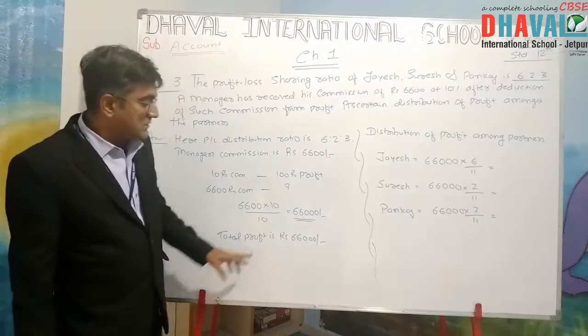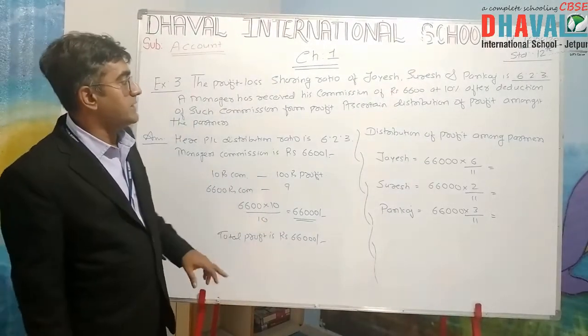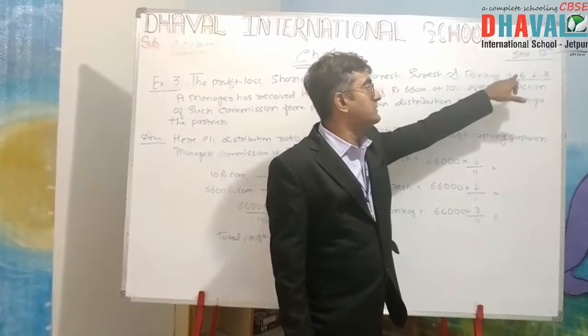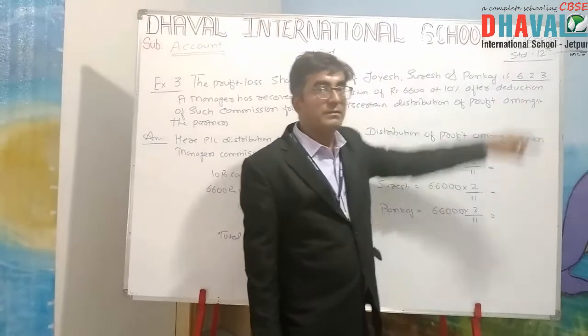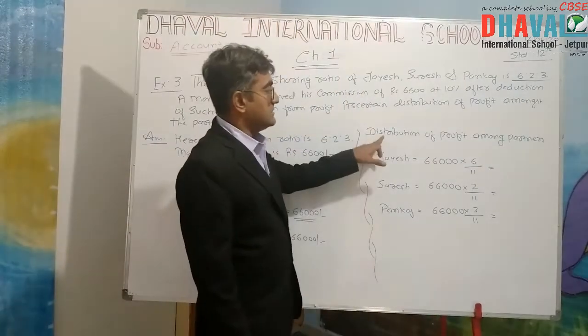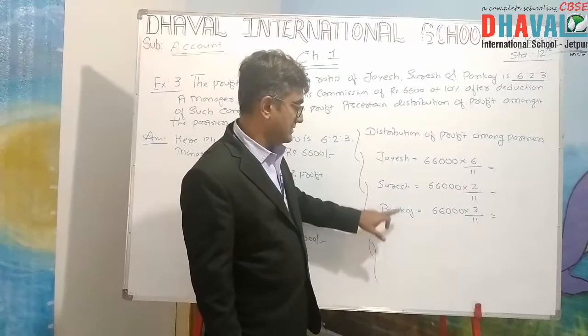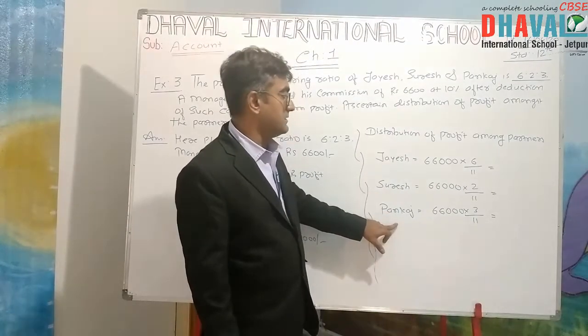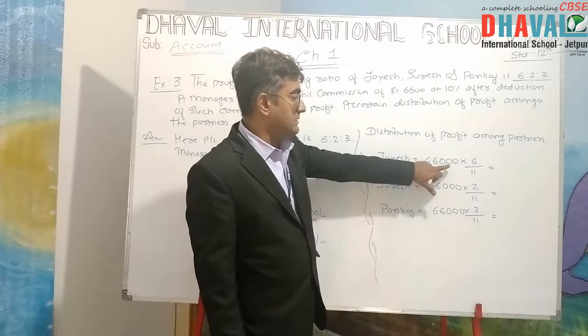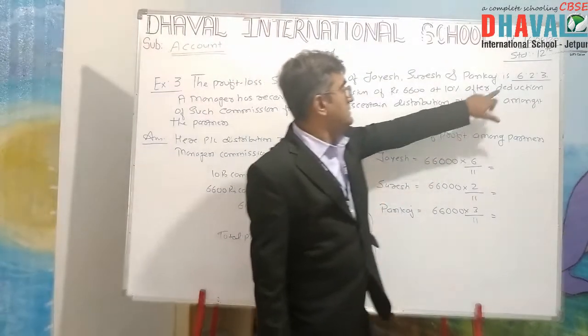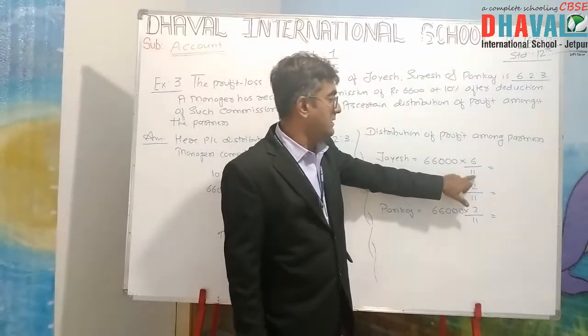Now we are going to distribute this profit among the three partners, Jayesh, Suresh and Pankaj, in the ratio of 6:2:3. So first, distribution of profit among partners. I write three names: Jayesh, Suresh and Pankaj. First we see Jayesh. 66,000 rupees is the profit of the firm, and the ratio of Jayesh is 6, so 6/11.